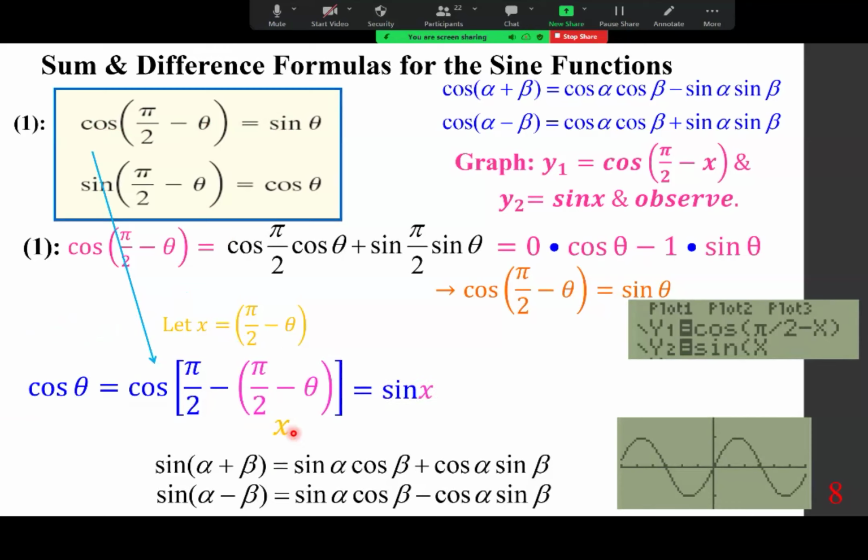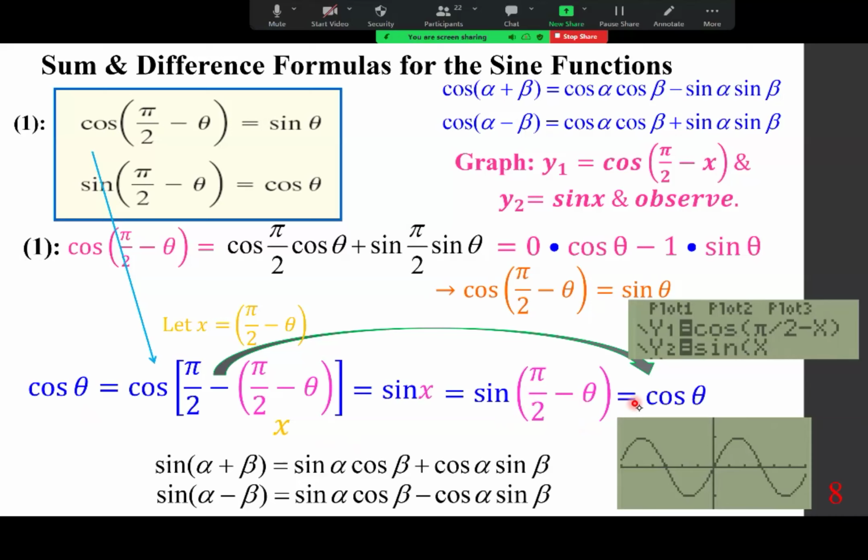And x is what? Pi over 2 minus theta. So sine of pi over 2 minus theta. So we proved sine of pi over 2 minus theta is cosine theta. And that is the second one. We just proved the second one.